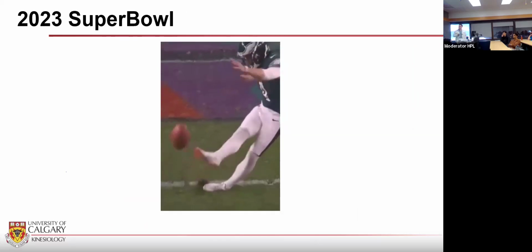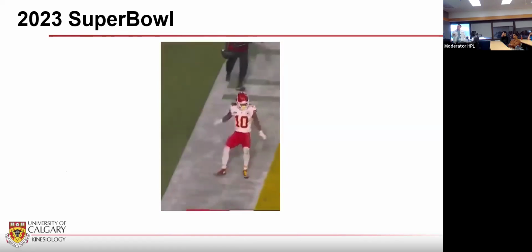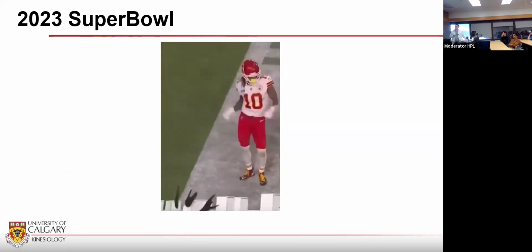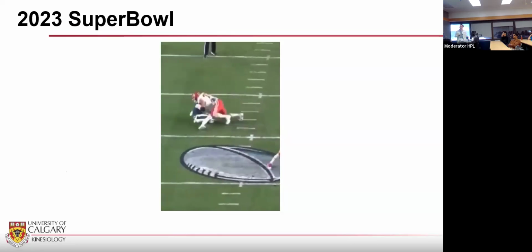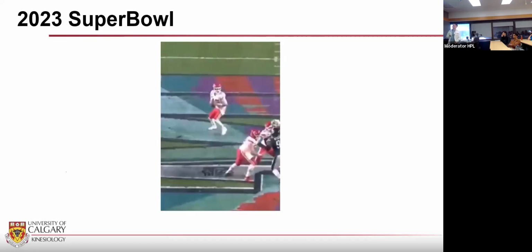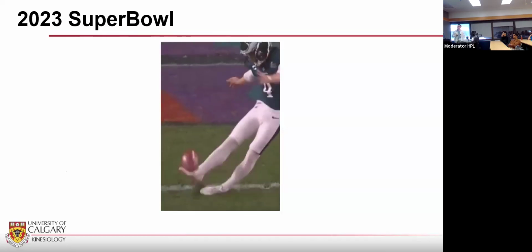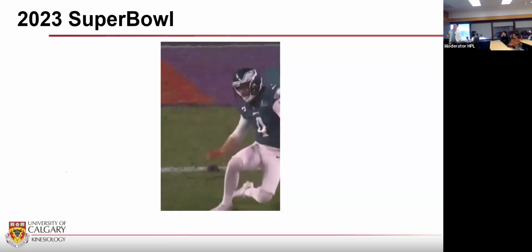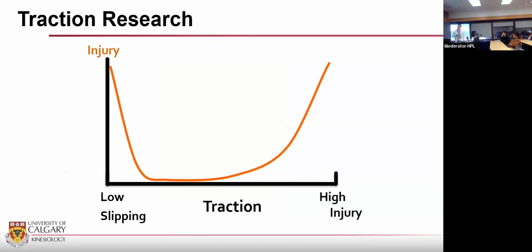We can see from these videos the athletes were actually slipping all over the place and putting themselves in orientations that were likely going to be a very high risk for them. So if we don't have enough traction, we also increase that injury risk.